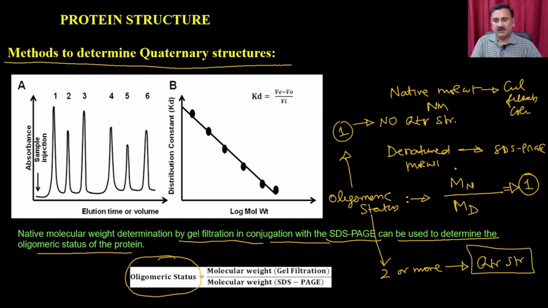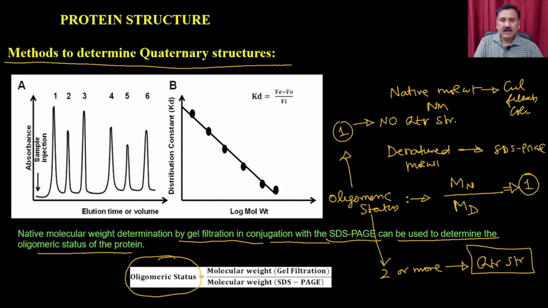I am sure you will not understand this very clearly yet, because so far we have not discussed gel filtration chromatography or SDS-PAGE electrophoresis, but the idea is that you determine the oligomeric status, and it gives you an idea whether the quaternary structure is present or not.